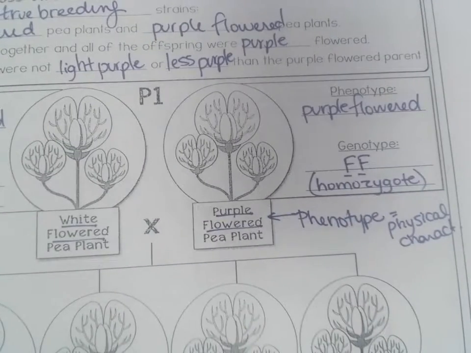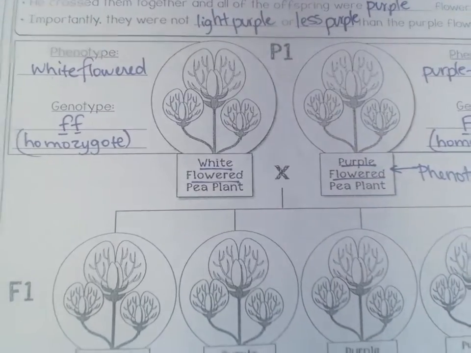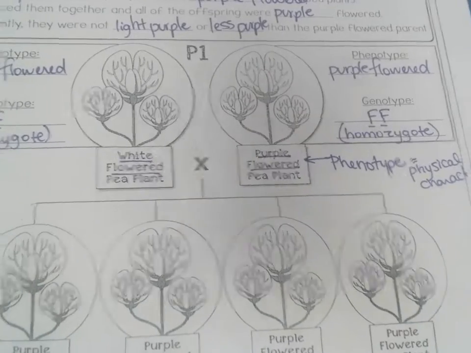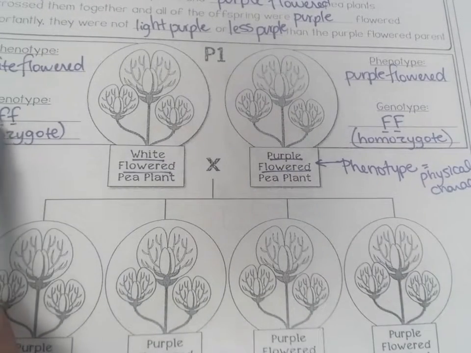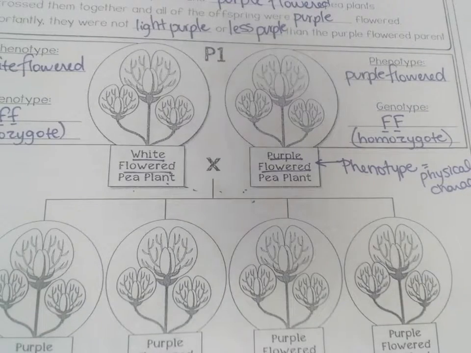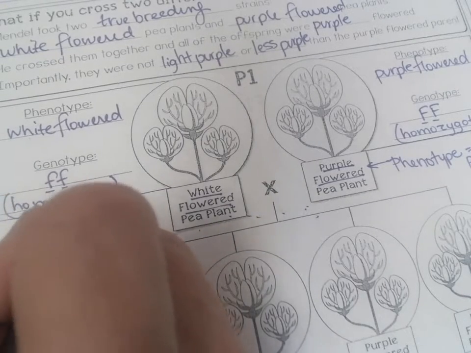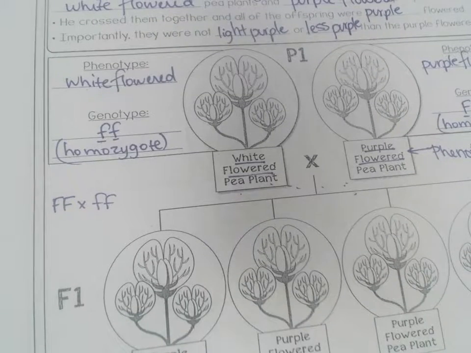Homozygote. It's the arrow on both sides. Okay? So we have a homozygote dominant plant here and a homozygote recessive plant here. We're crossing them together. That essentially looks like, if you were to write it side by side, FF crossed with little ff. So big F crossed with little f.